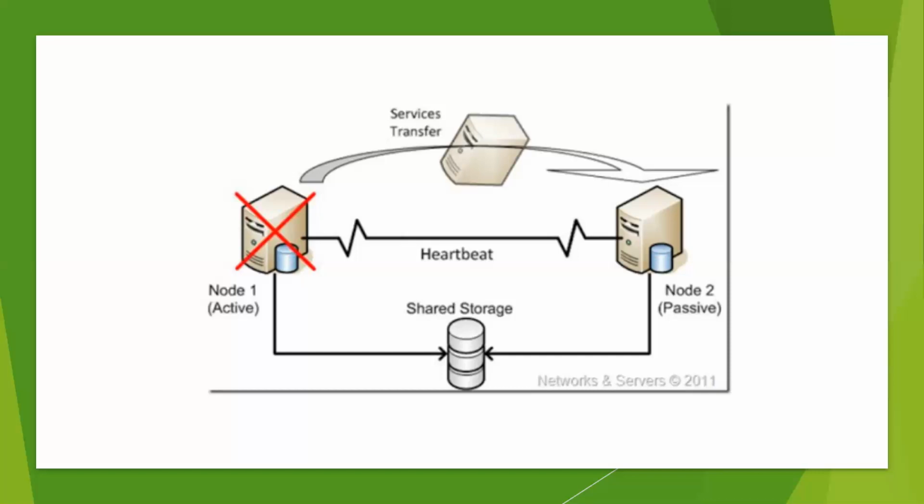Failover typically involves two servers, node 1 and node 2: a primary server and a secondary server. The primary server takes the normal load, processing all the requests sent by the client, while the secondary server monitors the primary server and waits for its shutdown in order to take over the services.